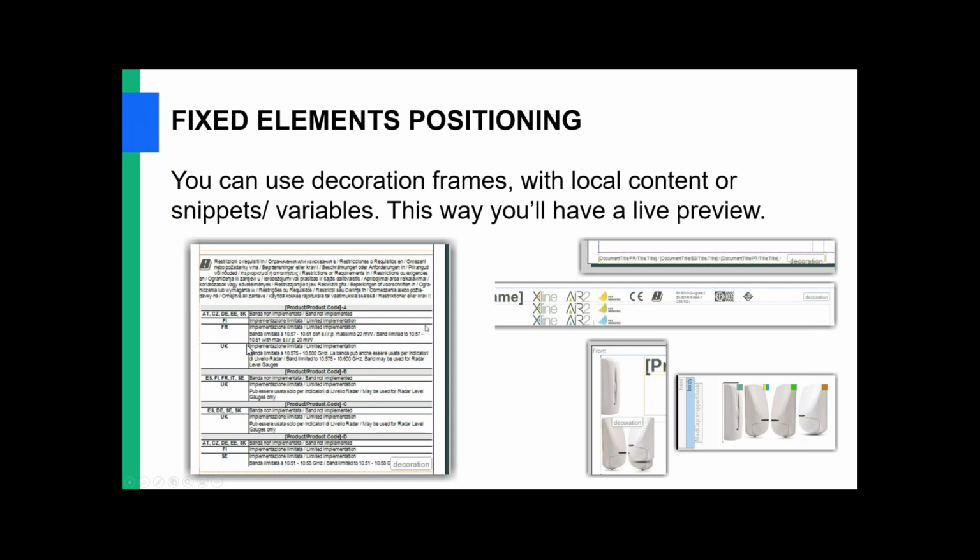Anyway, for me, for this kind of layouts, using decoration frames is by far the best option to place content precisely in fixed positions of your layout. With this method, you can organize content in space intuitively and visually, thanks to the live preview. So you can avoid setting frame breaks in your CSS, and you don't need to build your target to check how those breaks are actually working.